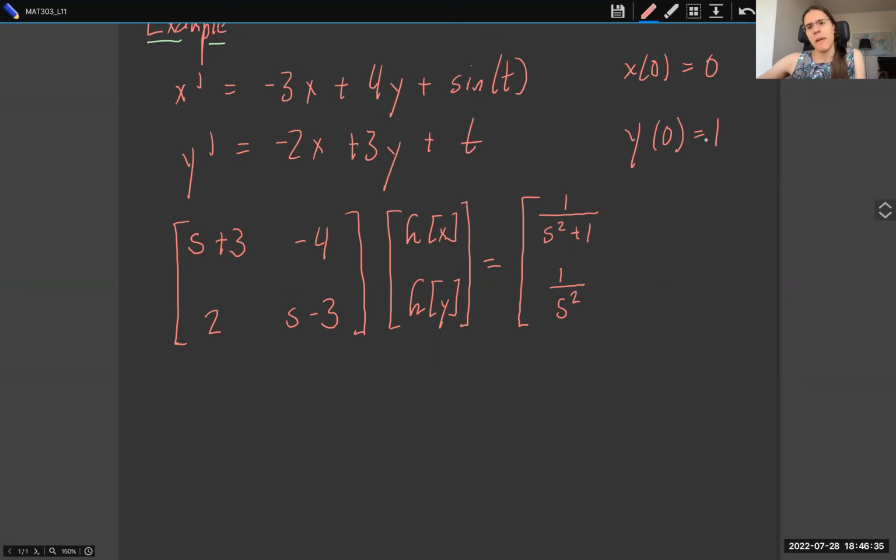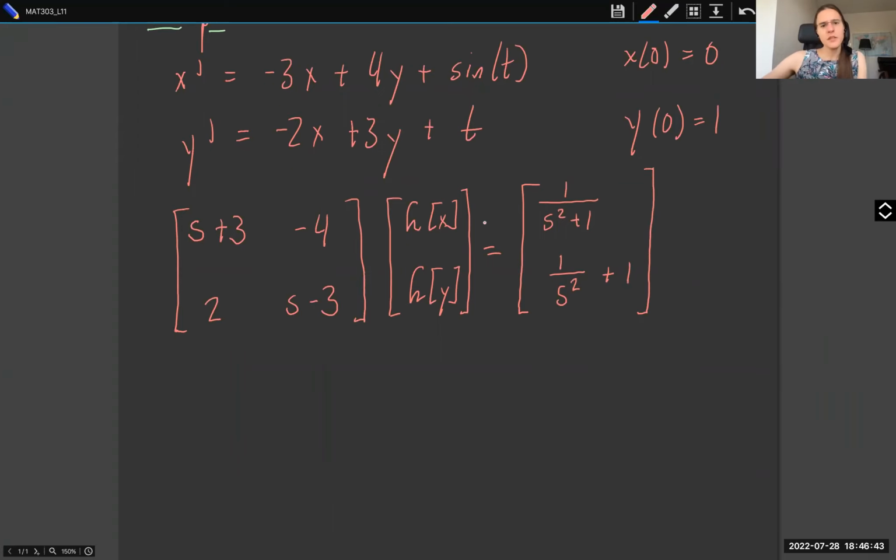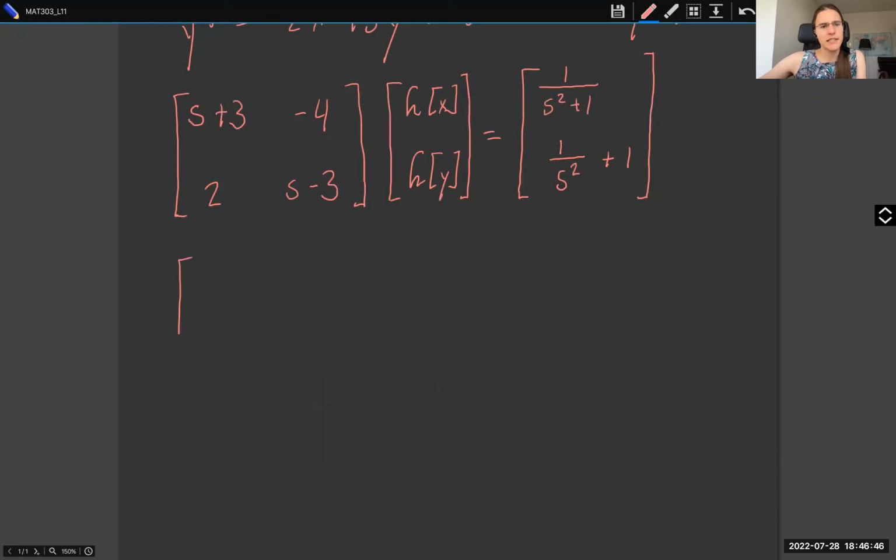And then we should remember that we also have this y equals 1, so we get that 1 here. Well, what that tells us is the Laplace transform of x. And right now, this example is looking good and easy. And this is the point at which it stops being good and easy.